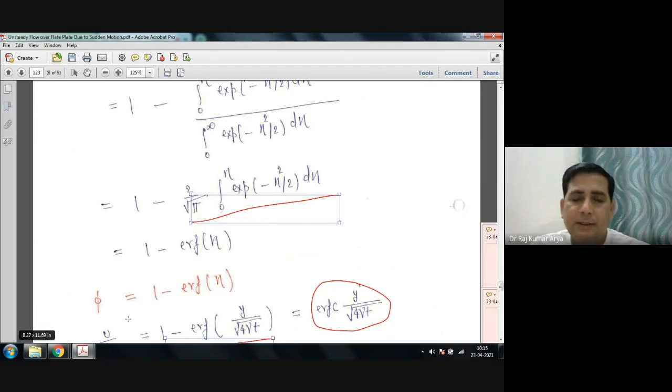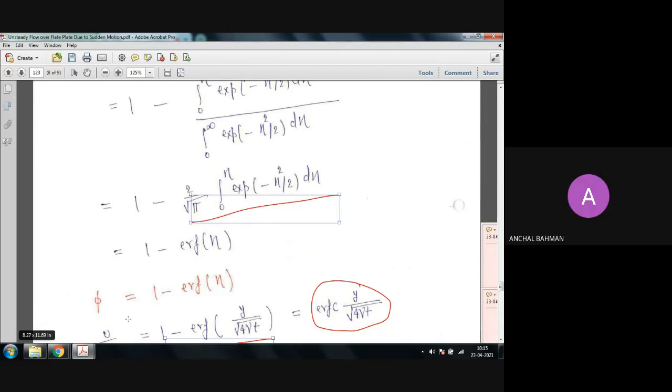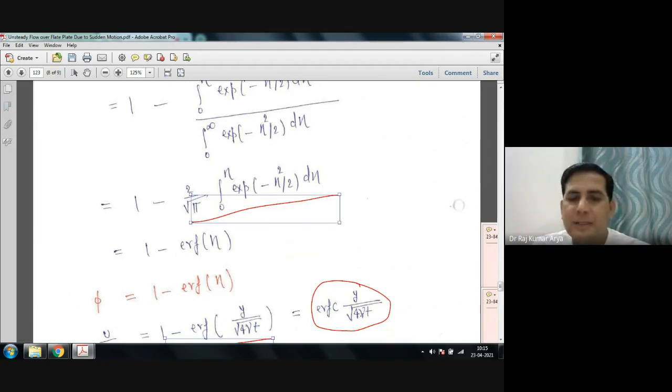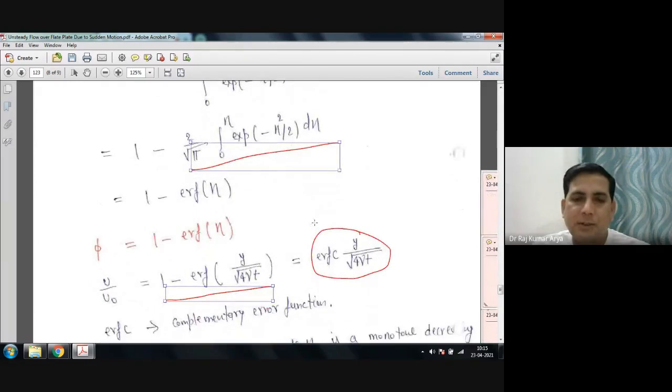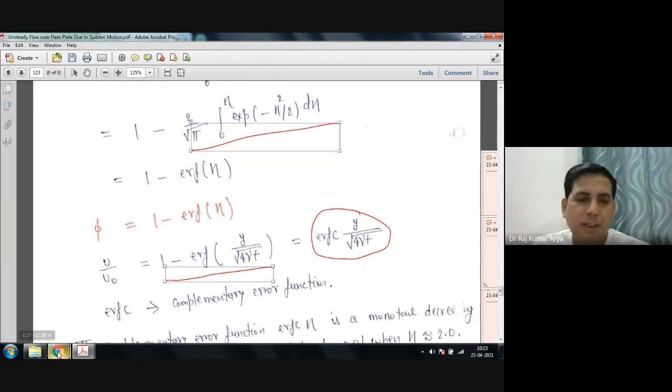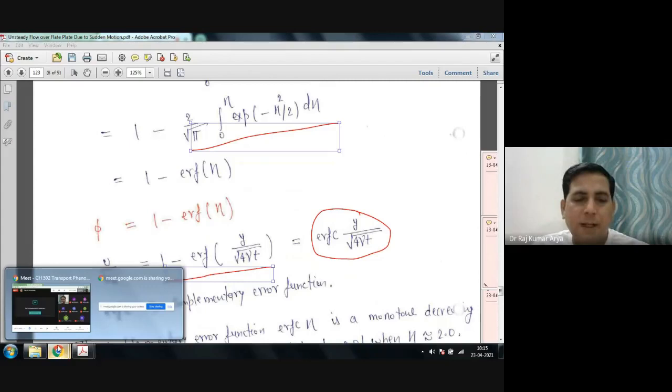Yes, sir. So that is the only logic in considering a 4 factor here. Otherwise, there was no other logic. So this way, all expressions on the flat plate part are completed.